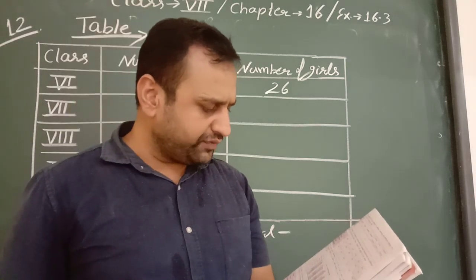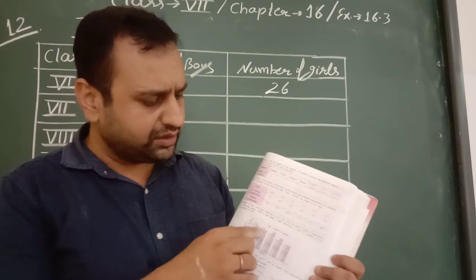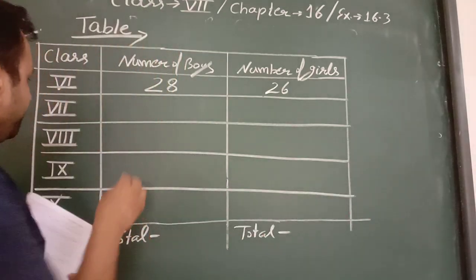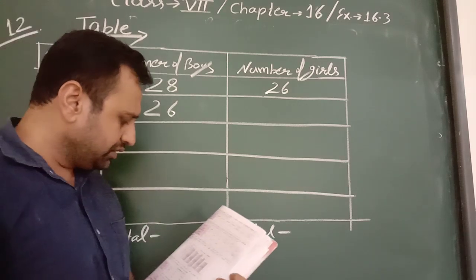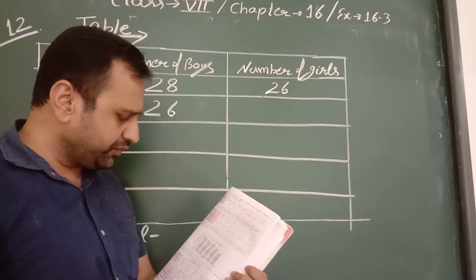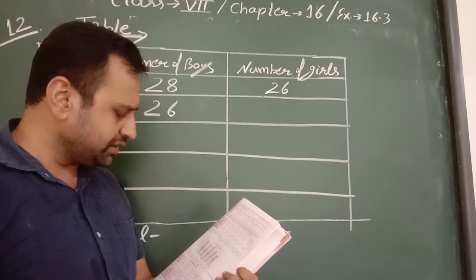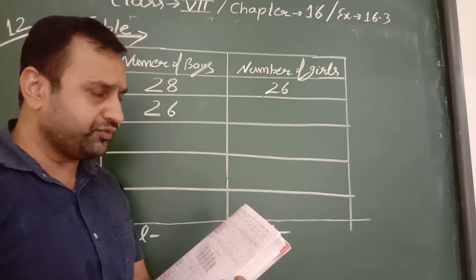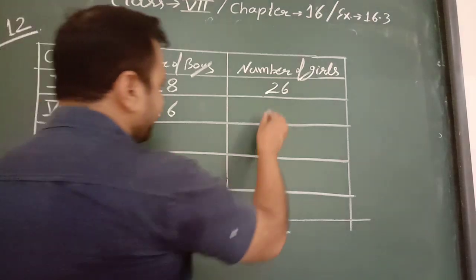Similarly for class 7th, the number of boys is exactly between 24 and 28, so 26. The number of girls is just above 24 but not in the middle, so we can say the number of girls is between 24 and 26, which means 25.